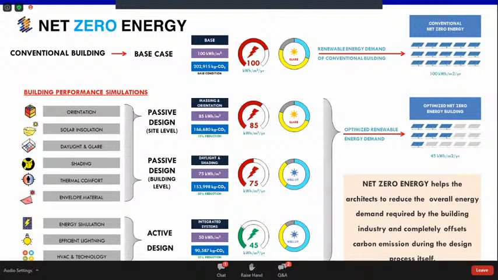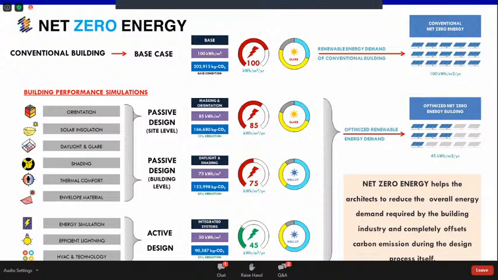To give you a comparative idea, if a building needs some 100 megawatt hour per year, we would need to propose all the 100 megawatt renewable energy on top of it.